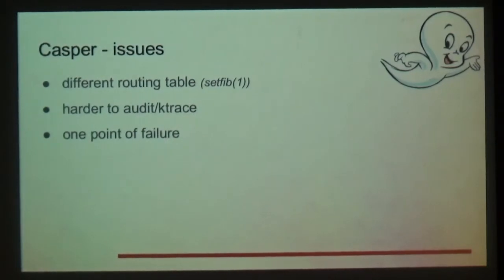So ping would ask, for example, Casper to resolve some names, but the routing table which we set wasn't used. So also the Casper daemon was harder to audit or ktrace.